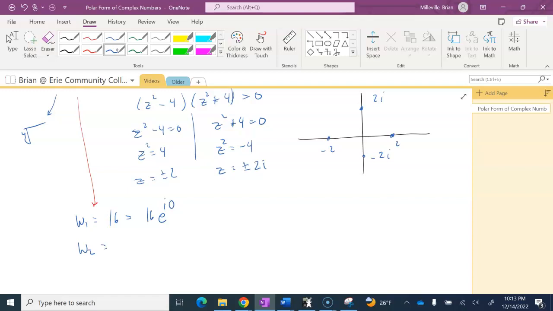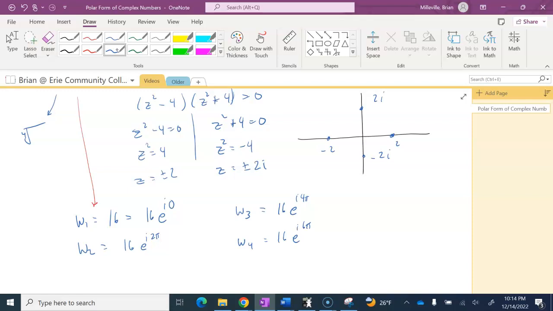The radial length of the complex number is 16. What's a coterminal angle to 0? That would simply be 2 pi. Then the next one, w sub 3, we'll call it, will be 16 times e, adding another 2 pi, to the i 4 pi. Adding another one, we would simply get 16 times e to the i times 6 pi.